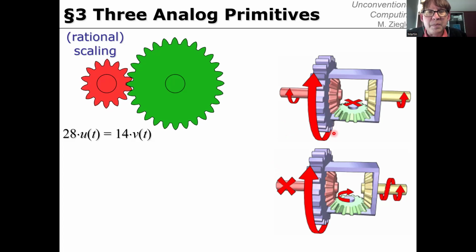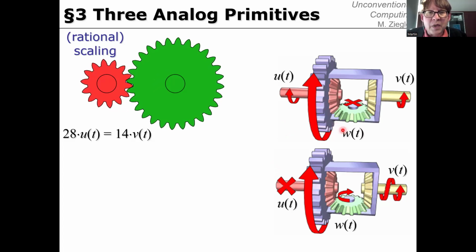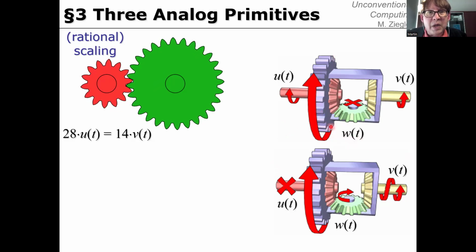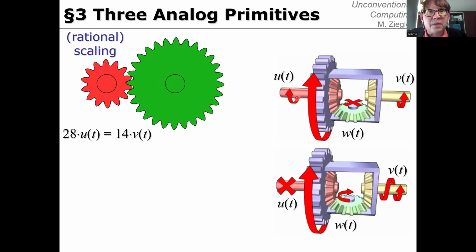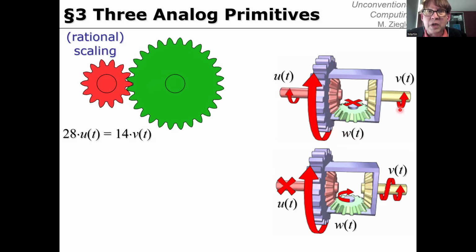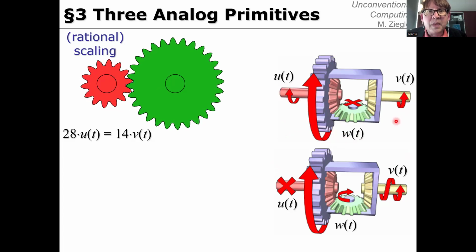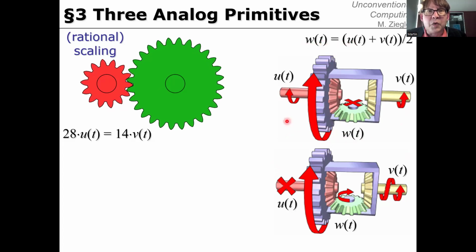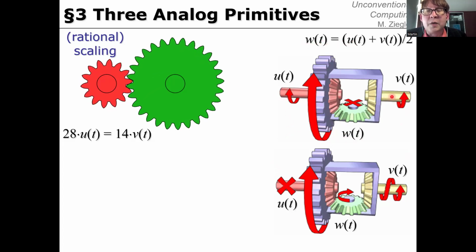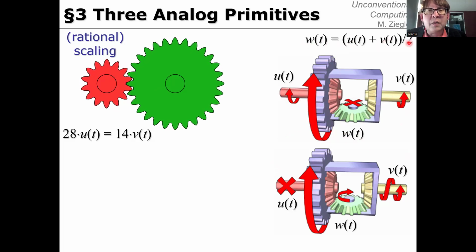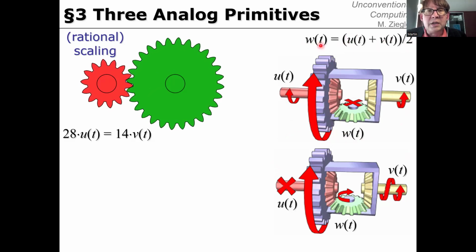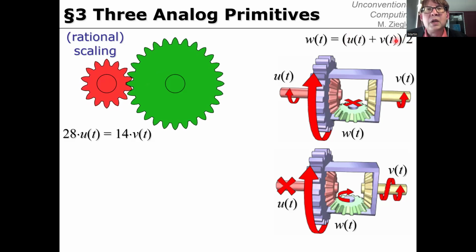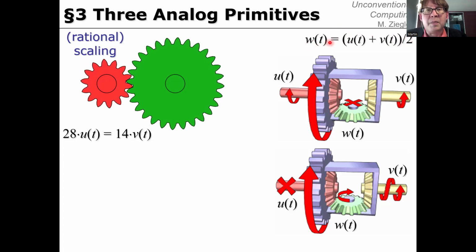Mathematically, let's denote the rotation of the engine, the blue wheel, with W, the rotation of the left wheel with U, and the rotation of the right wheel with V. Then the power from the car gets distributed to both the left and right side, but not necessarily equally, right? But in total, the power on the left and the right-hand side together will be equal to the power provided by the car.